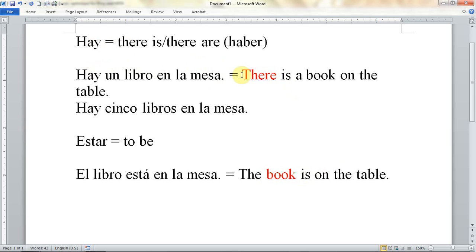Think about what is the true subject of what you're trying to say or what you're trying to read. Okay? So, yes, we're talking about a book here. That's really the main topic, but the real subject is there. Okay? At least in English, there is a book on the table. Whereas over here, the book is your subject.